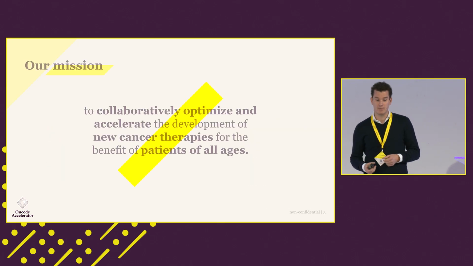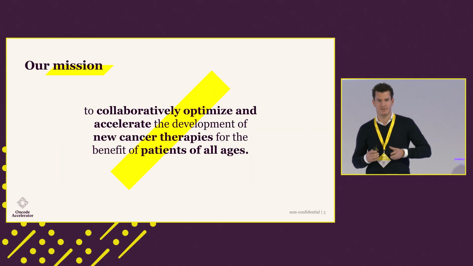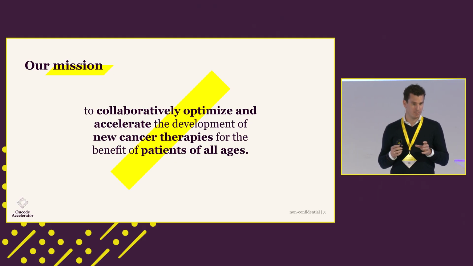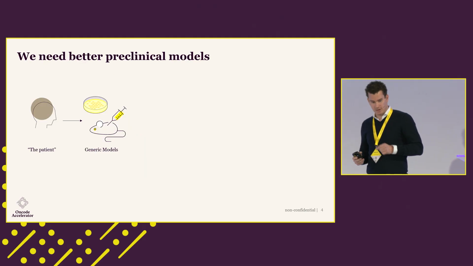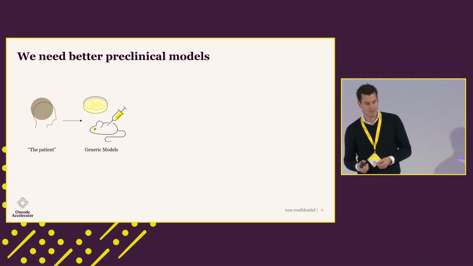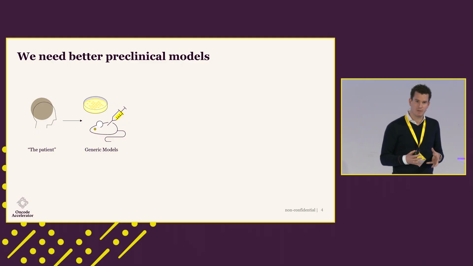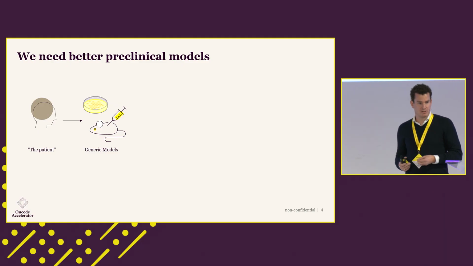And as Alex already mentioned, it's our mission to collaboratively optimize and accelerate the development of new cancer therapies for the benefit of patients of all ages. But let's start with the problem. What is the problem that we're trying to solve with the Oncode Accelerator program? If you start to develop a new therapy in oncology, you usually start with a patient. What are the characteristics of the patient, of the disease?